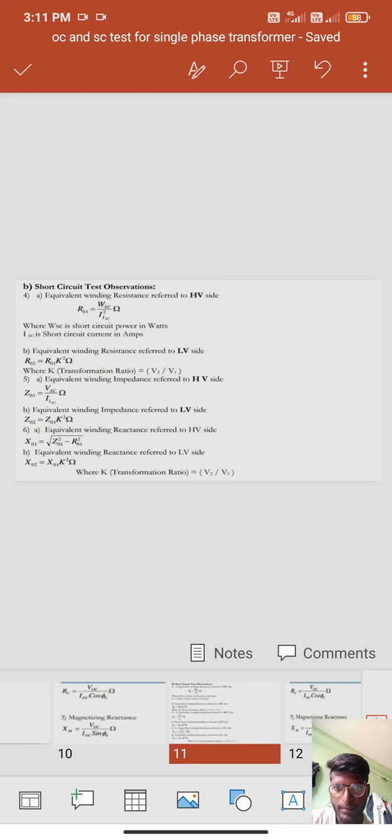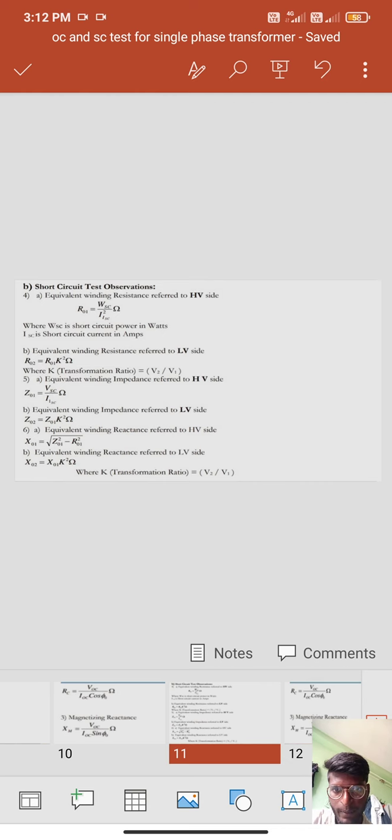Observation: equivalent winding resistance referred to the HV side R equals Ws by I square, where Ws is the short circuit power and I is the short circuit current in amperes. Equivalent winding resistance referred to the LV side R0 equals R K square, where K is the transformer ratio V2 by V1.